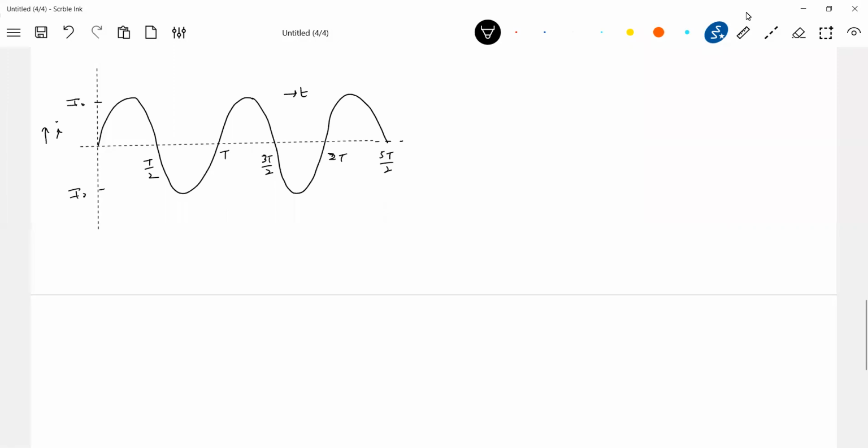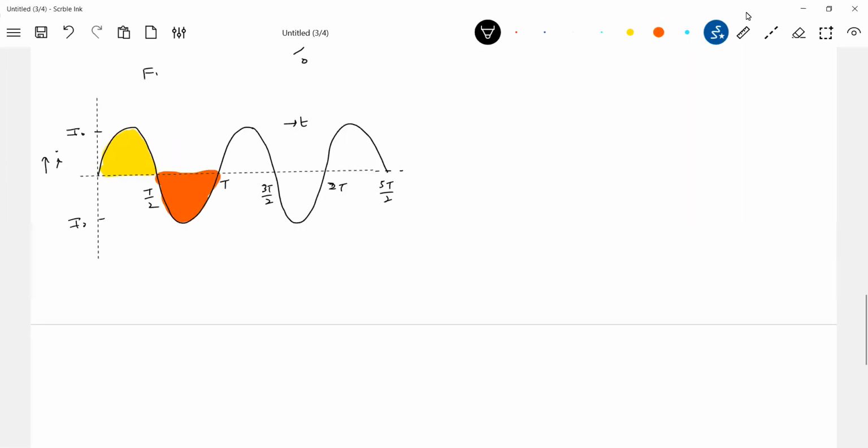So this is the positive half cycle, this is the negative half cycle. We have to calculate the RMS value of this one according to the definition. So there is a sine wave, a full sine wave.